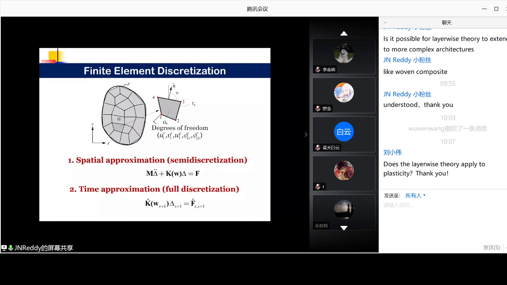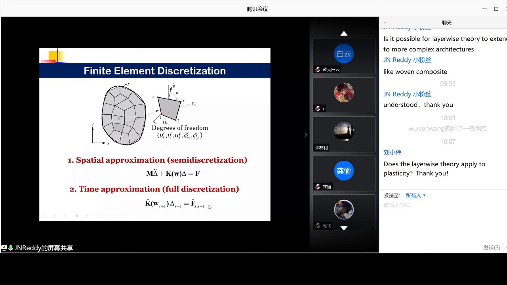The difference is that the structural dynamics finite element equations are still differential equations in time. They're not algebraic, so we cannot solve them for unknowns. You have to further discretize in time so that you get algebraic equations, which now can be nonlinear.